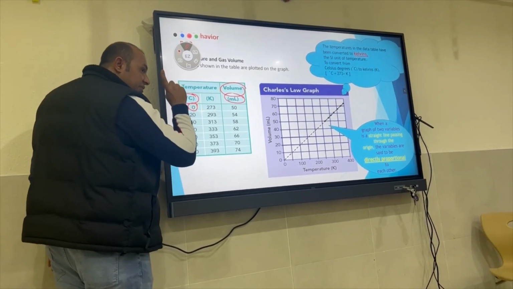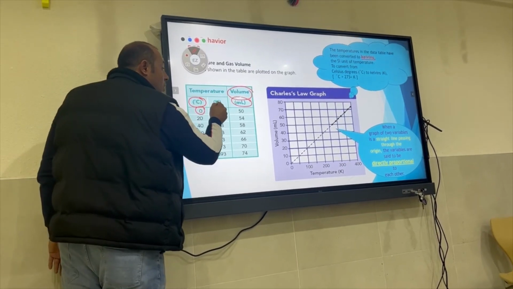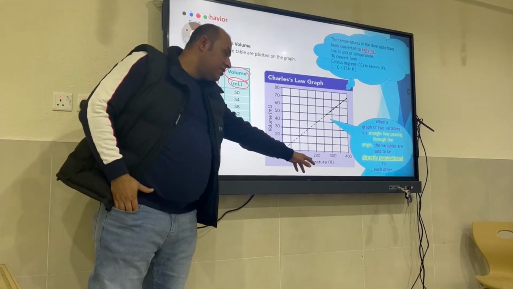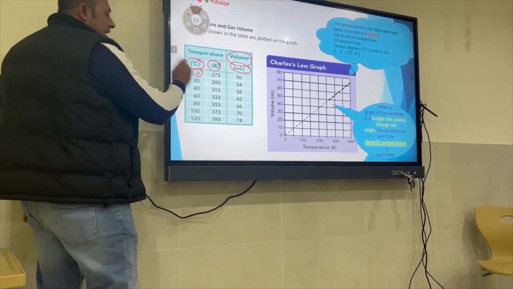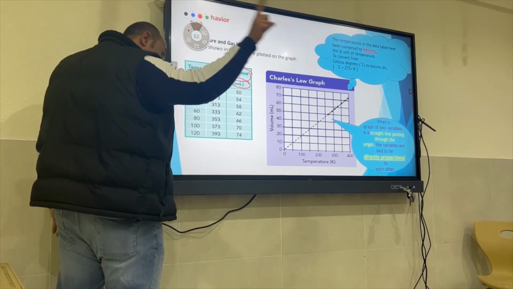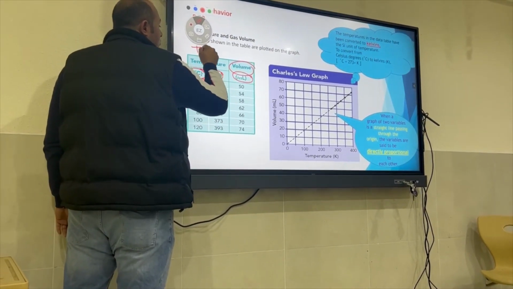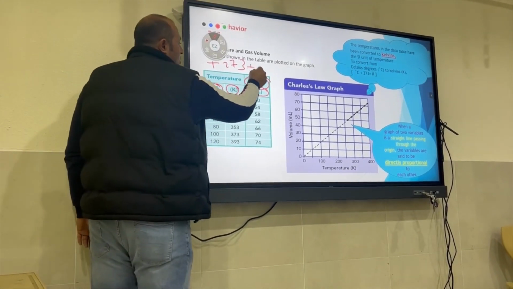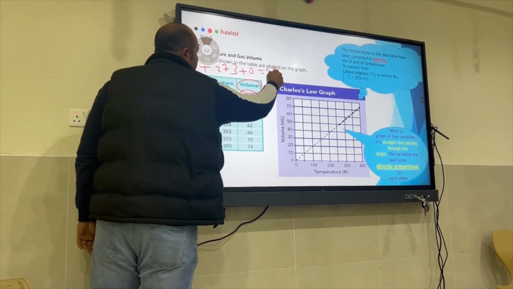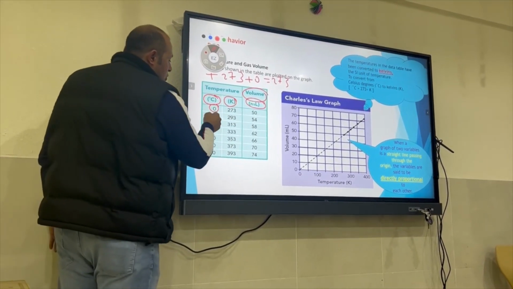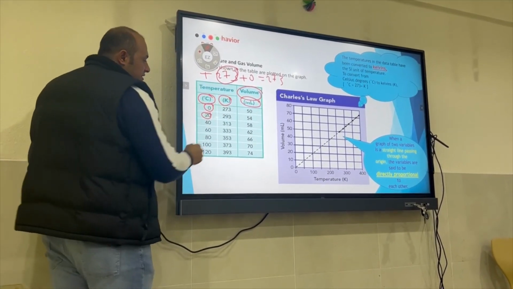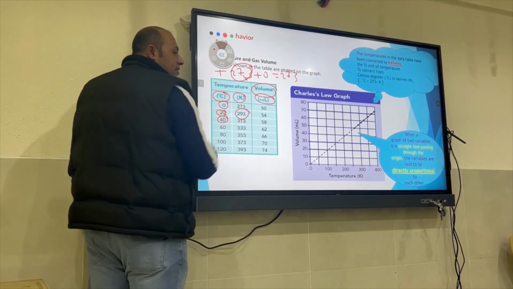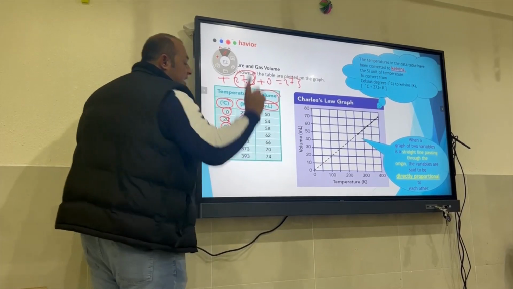You have to convert first from the Celsius scale to the Kelvin scale, to use Kelvin on the graph. To convert from Celsius to Kelvin, you have to add 273. So 0 plus 273 equals 273. 20 plus 273 equals 293. 40 plus 273 equals 313, and so on.